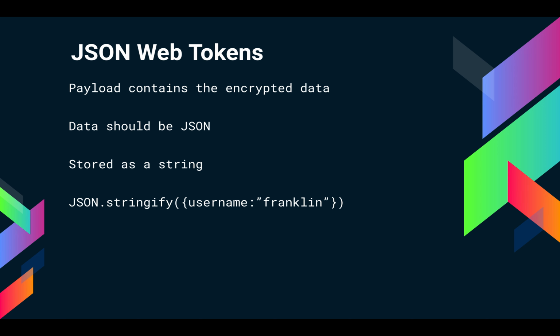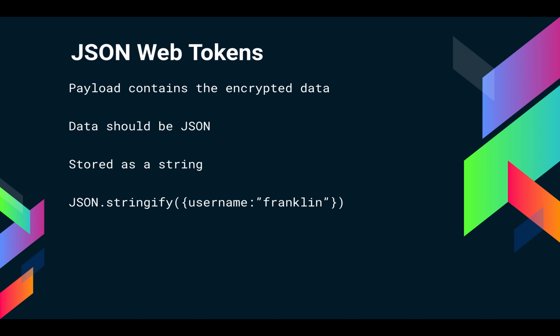The payload, the second section, contains the encrypted data. This is really the important one. This is where the data that we want the user to store and send back to us is going to be. The data should be JSON, hence the name. It's JSON Web Token. It's a way to store and encrypt JSON.